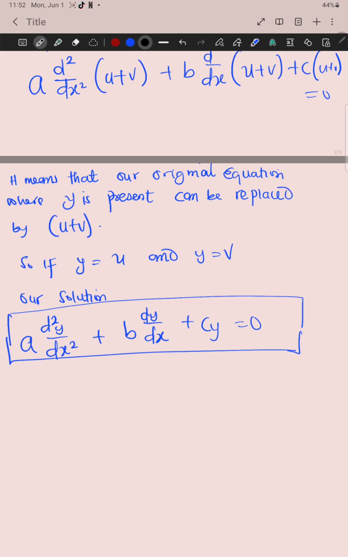Now when you have something like this, our equation has been derived, right?